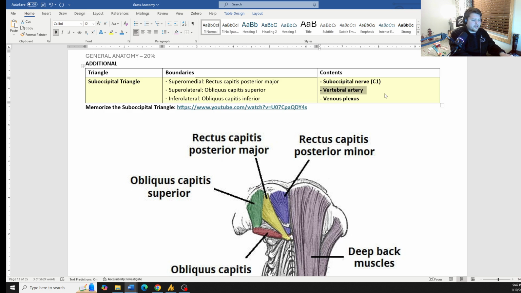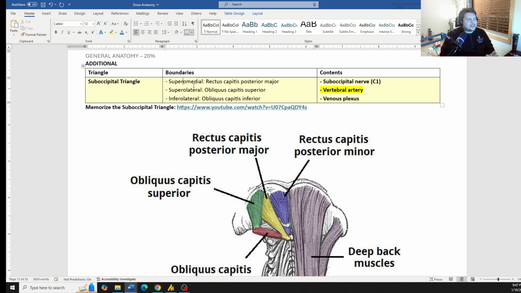Most specifically, the vertebral artery. Chiropractors especially make a huge deal about the vertebral artery, so if there's anything involving the vertebral artery, they're going to ask questions about it because they're all terrified. Every chiropractor is terrified. I should say every academic chiropractor is terrified of the vertebral artery, it seems. Not me, but that's beside the point.